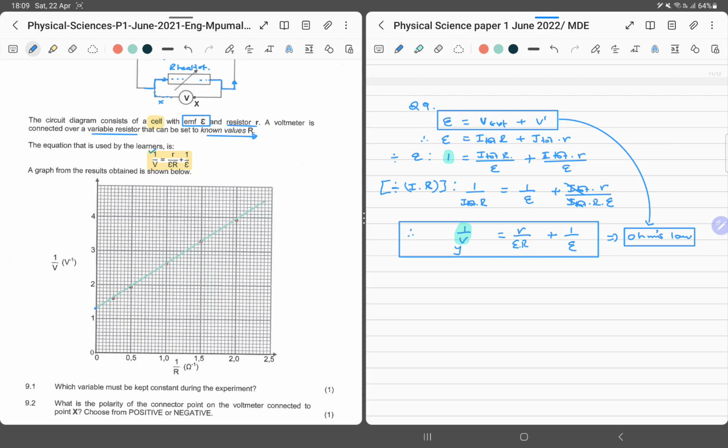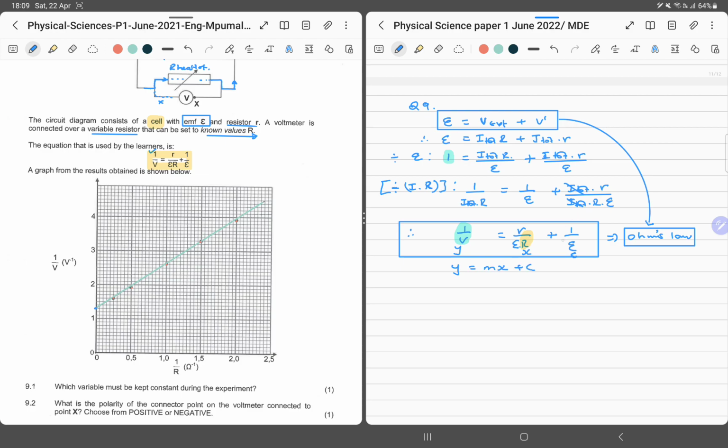So 1 over r is basically a different story. 1 over r somehow is put on the x, because there's an invisible 1 there. It's on the x-axis, meaning it's a variable. And then this is a constant. We normally would call it a c.